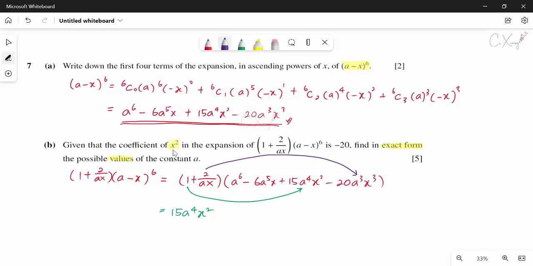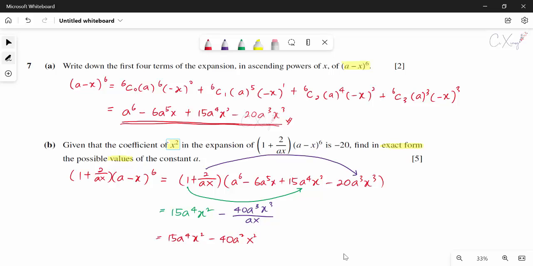When you multiply this together, you will have negative 40a power 3 x power 3 divided by ax. From here, if you further simplify it, this is what you have: 15a power 4 x squared, then minus 40a squared x squared.